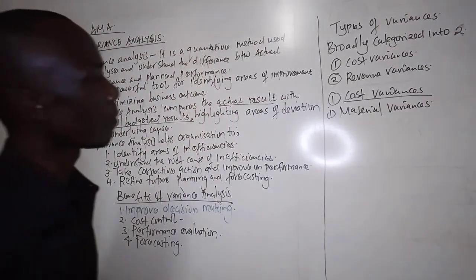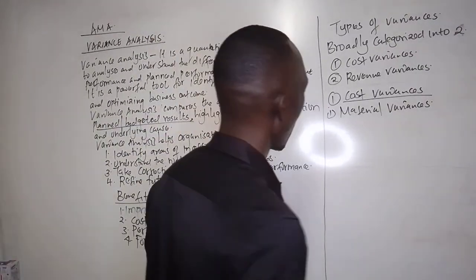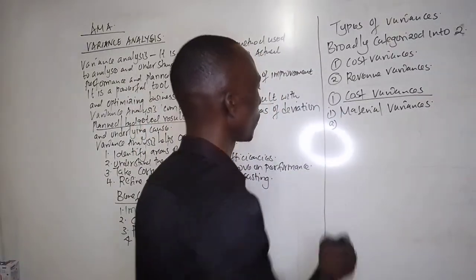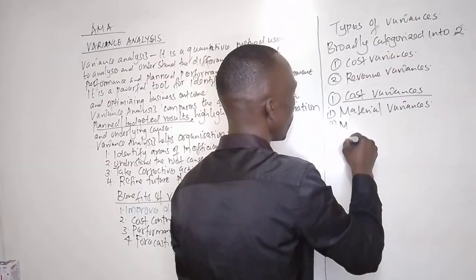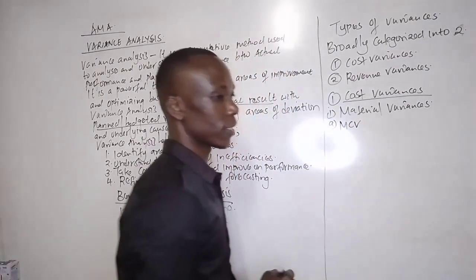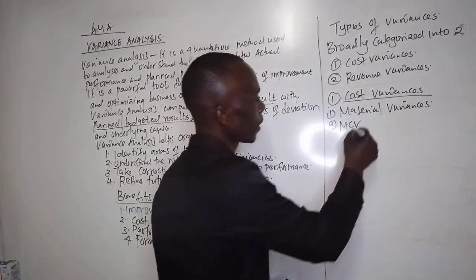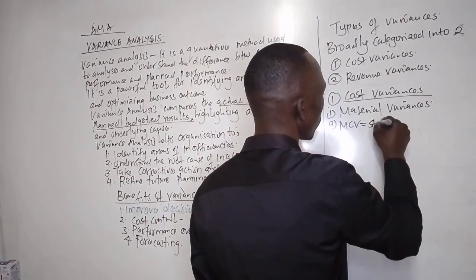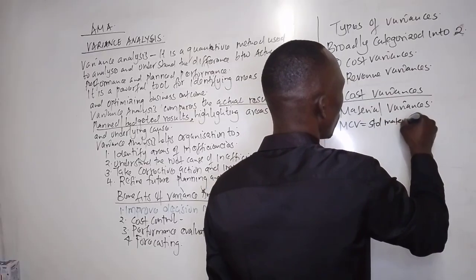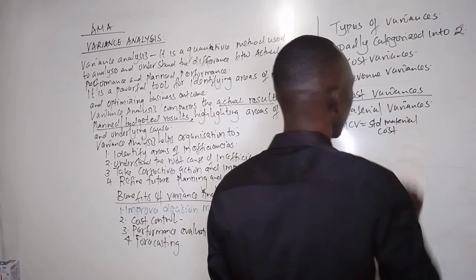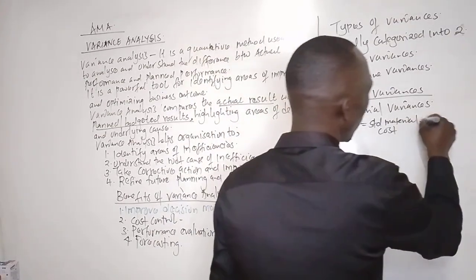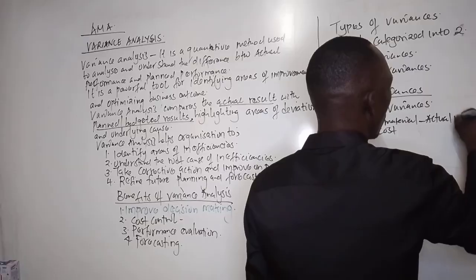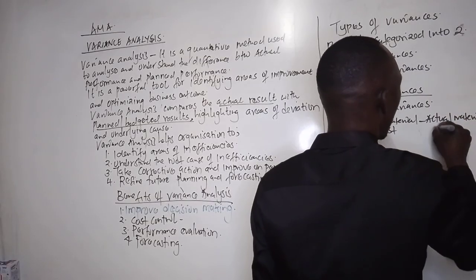For the material variances, we need to know how to get the material cost variance. The material cost variance will be given by the standard material cost minus the actual material cost.